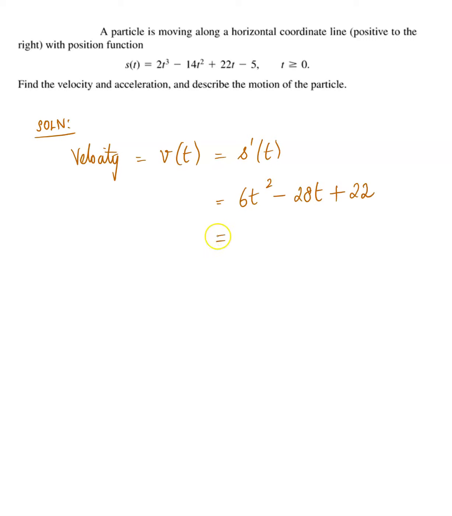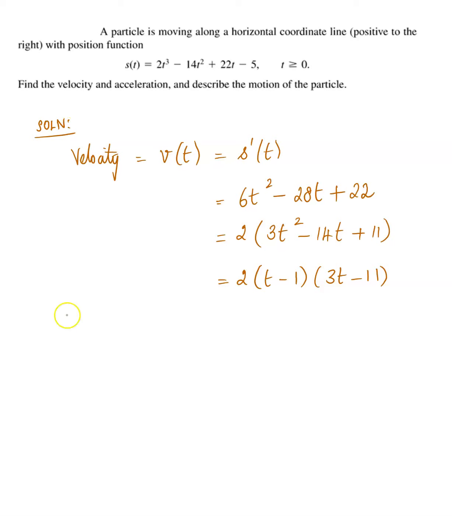I know that I will need to factorize this because I will need that information later, so I'm going to do that right here. 2 times 3t squared minus 14t plus 11. Use the AC method, or sometimes even the box method will work, or you could just use the quadratic formula if you'd like. Ultimately, we want to get these factors: t minus 1 and 3t minus 11.